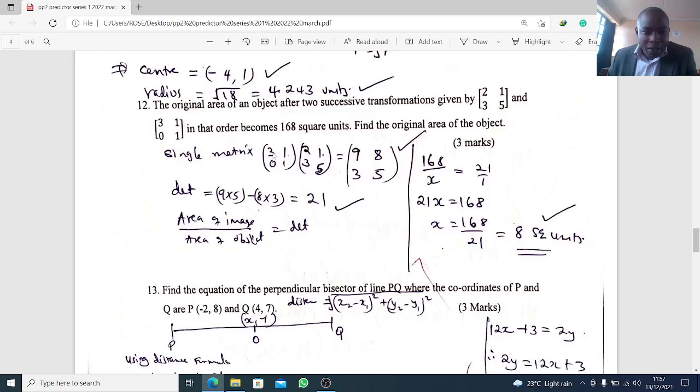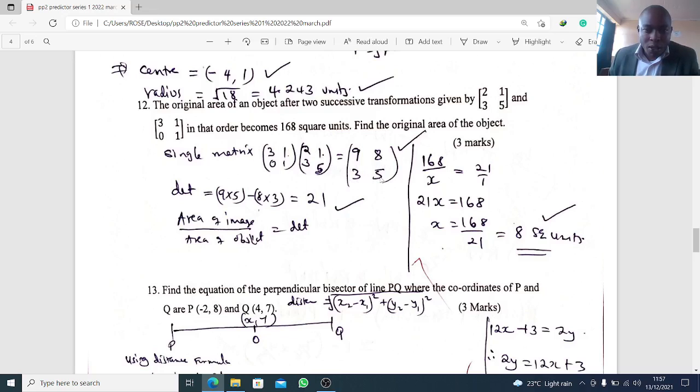If you multiply, 3 times 2 is 6 plus 1 times 3, 2 times 3 is 6 plus 1 times 3 is 3, 6 plus 3 is 9. Then you go to the next: 3 times 1 is 3 plus 1 times 5 is 5, 5 plus 3 is 8.